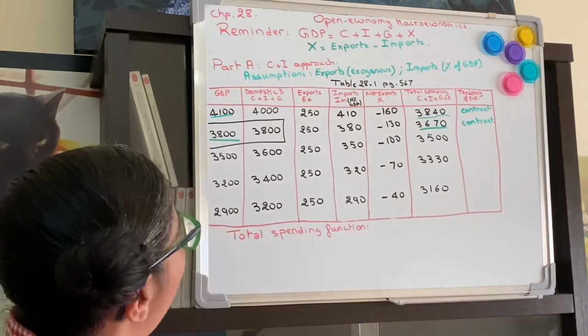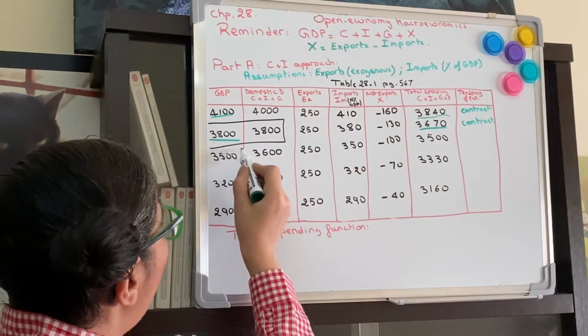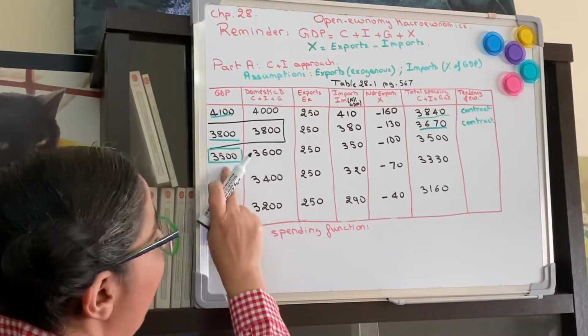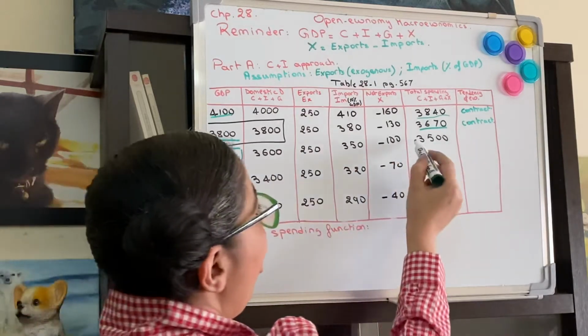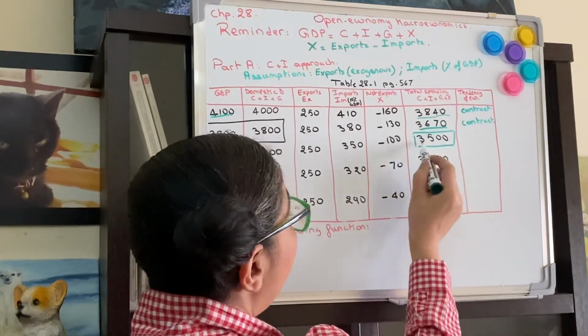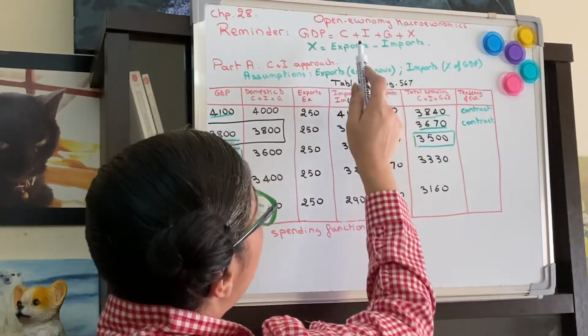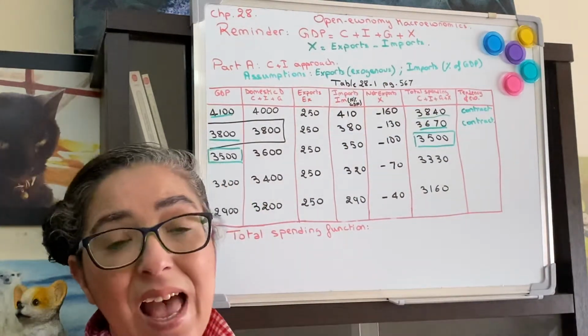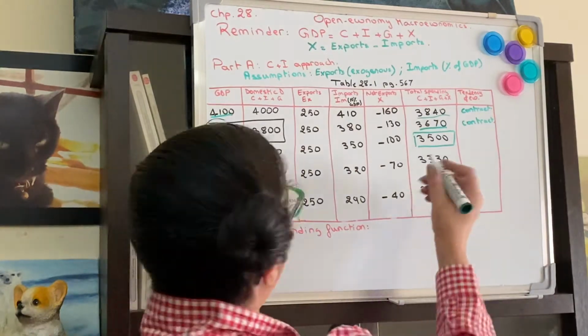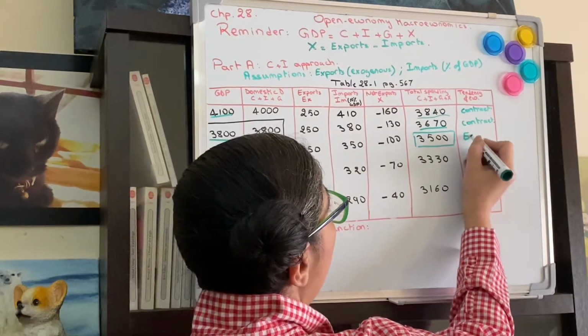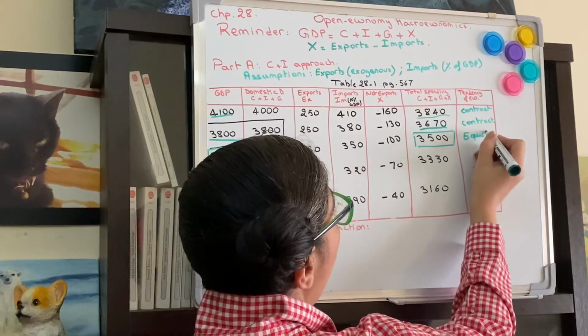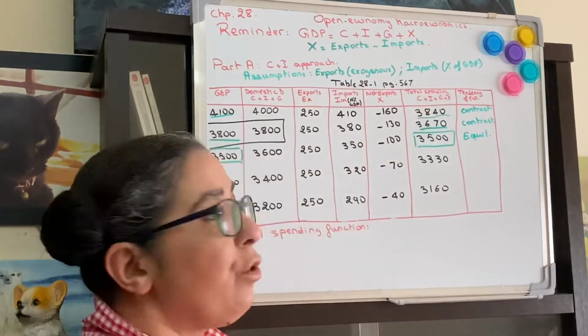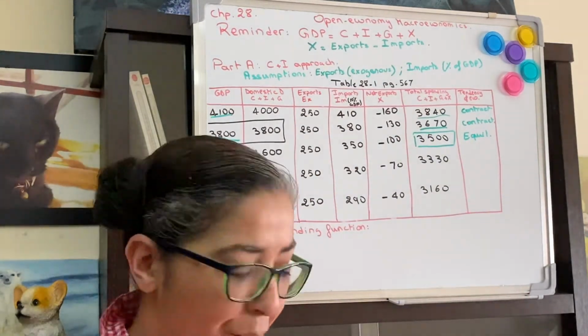And look here. Do you see this one? 3,500. We have the GDP is equal to C plus I plus G plus X. We are at our equilibrium. Okay. So here everything is fine. We have no contraction, no expansion.